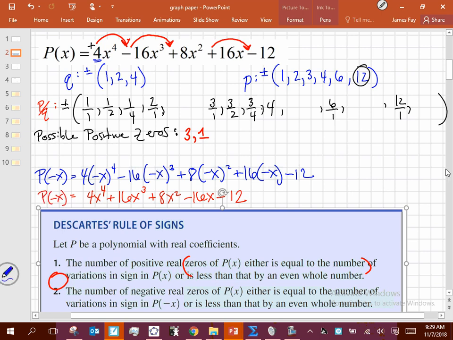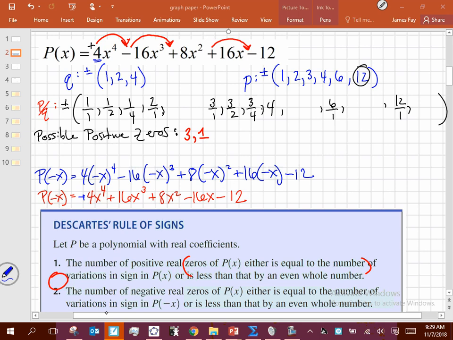What that rule is getting at is the same thing now: look at your variations in signs. Positive to positive, that's not a change. Positive to positive, not a change. Positive to negative, is that a change? So that's one sign change there. Is a negative to a negative a change?